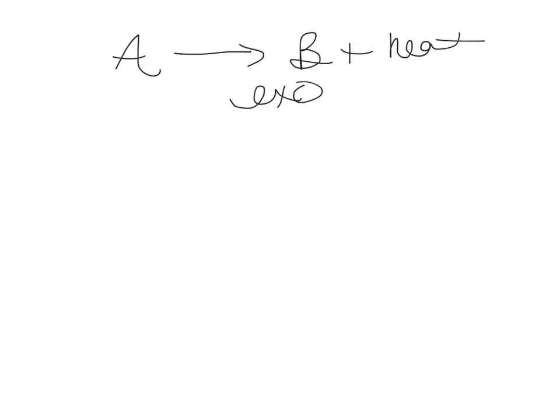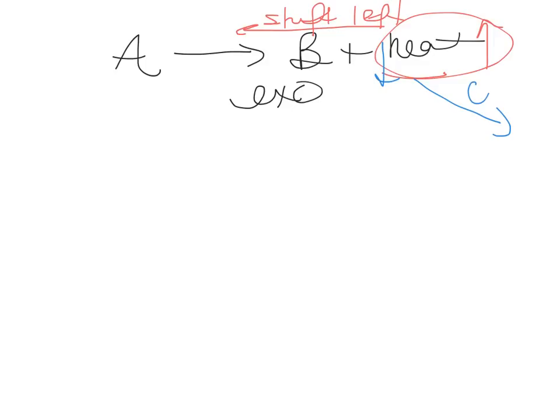So here's an exothermic reaction. Remember that heat is treated as a product in an exothermic reaction. All right, so now in an exothermic reaction, if I increase heat, if I heat it up, in order to get rid of that heat, Le Chatelier says it's going to shift left. If I remove heat or cool it down, and it's an exothermic reaction, it will shift right.